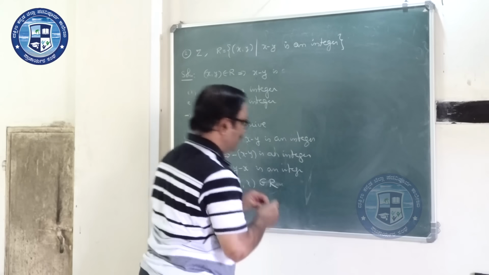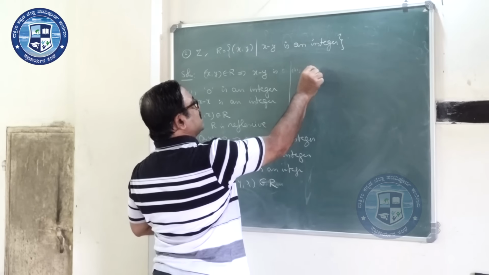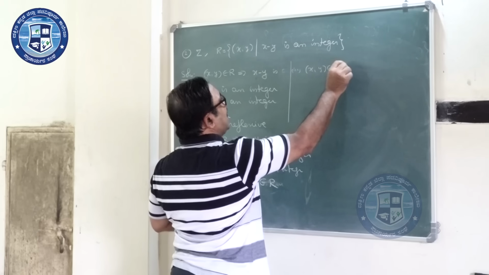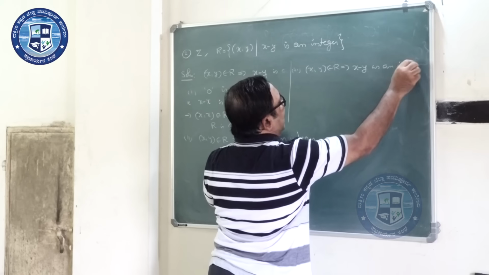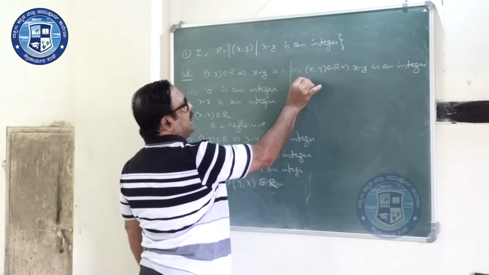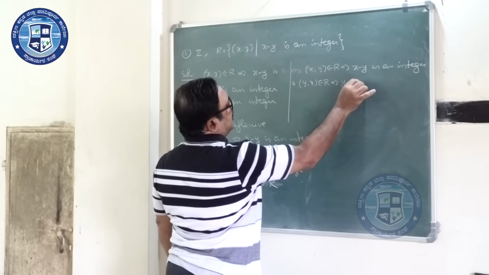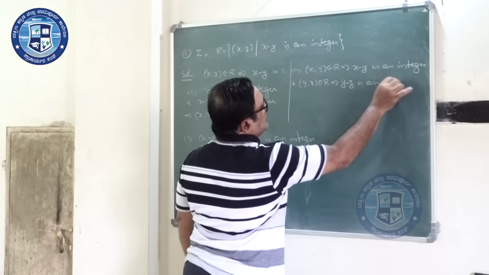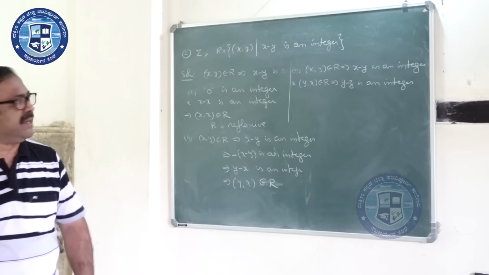See, what is transitive? The third one: x comma y belongs to R, x minus y is an integer, and y comma z belongs to R, y minus z is an integer.